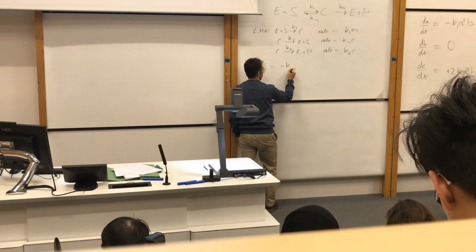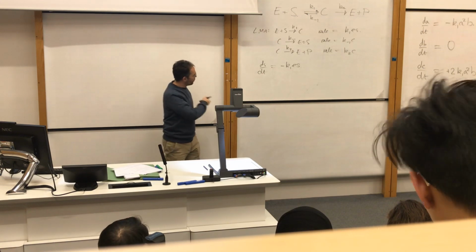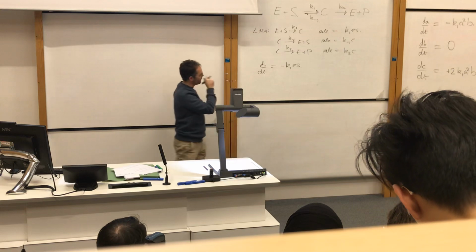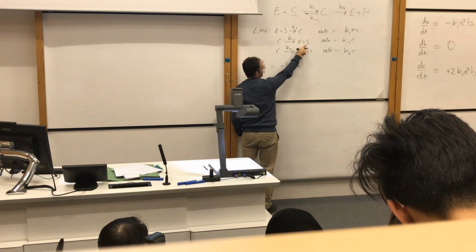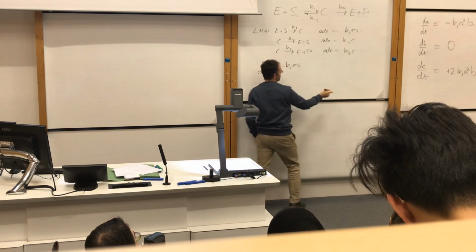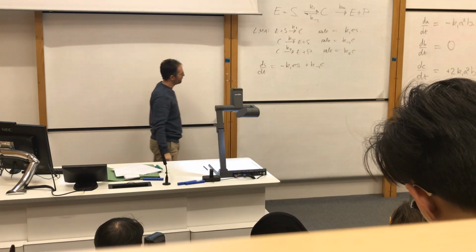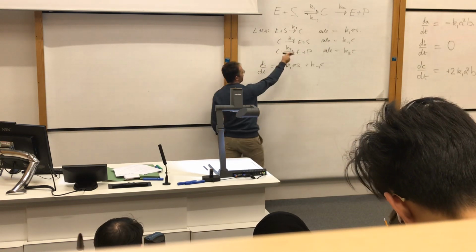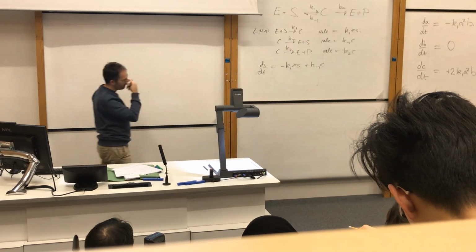So we're going to have a minus K1 E times S. We create a molecule of S in the backward reaction of the first step. The rate is K minus 1 C. So we'll have plus K minus 1 times C. And that's it for my S, because S is only appearing either as a reactant or a product in these first two processes.